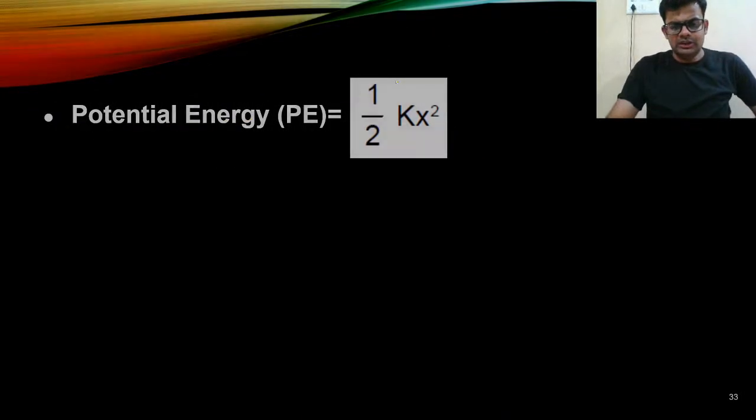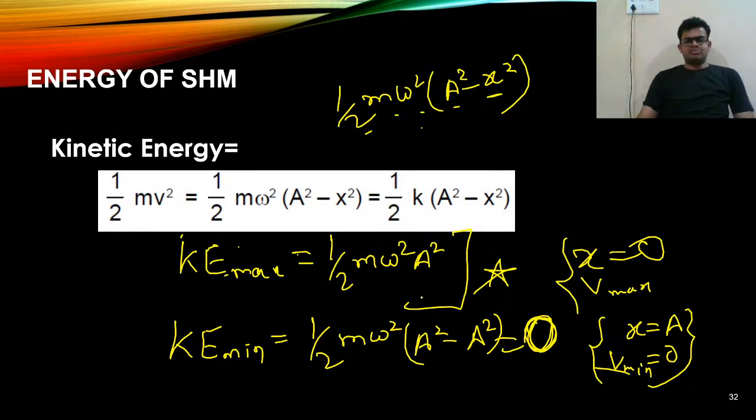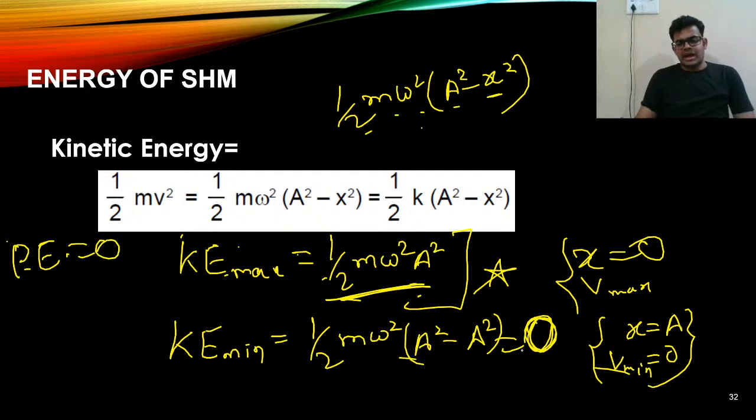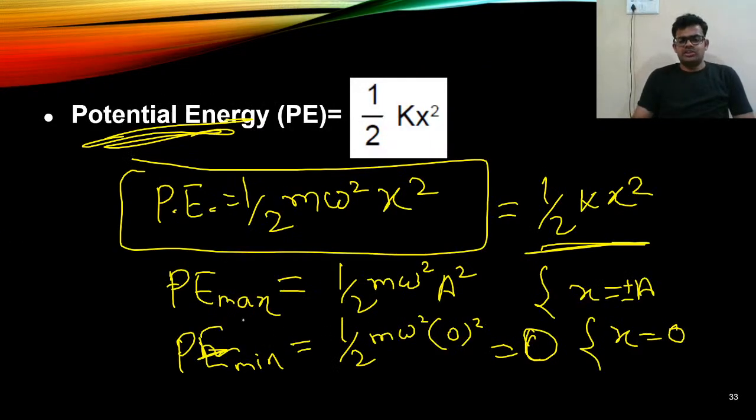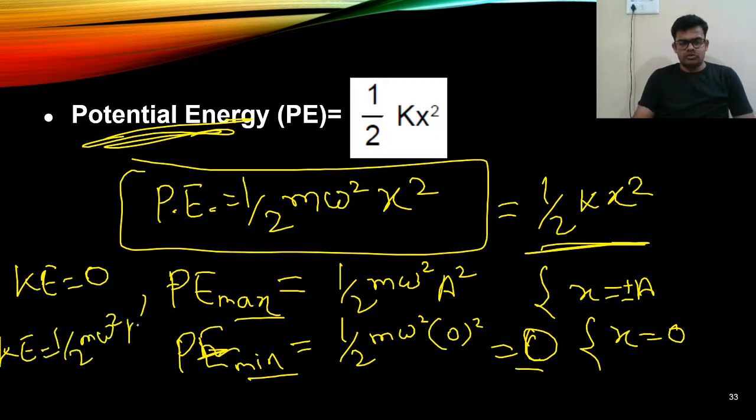When kinetic energy is maximum, it is equal to total energy, so at this position potential energy will be zero. When kinetic energy is zero, the potential energy will be equal to total energy, half m omega square a square. When potential energy is maximum, kinetic energy will be zero. When potential energy is minimum, that is zero, kinetic energy will be maximum, half m omega square a square.